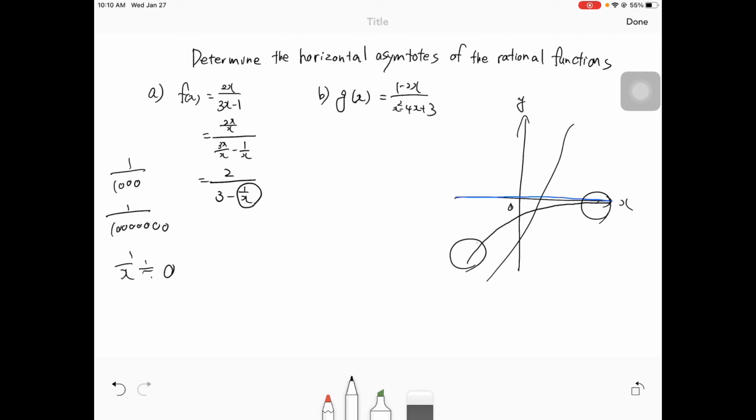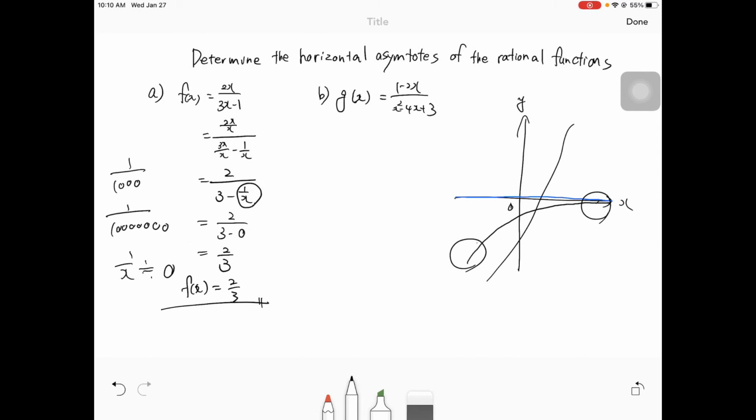You know what I mean? So in this case, you can regard 1 over x as 0, because when x is really big, 1 over x is pretty close to 0. So it is 2 over 3. This is how to find horizontal asymptotes.